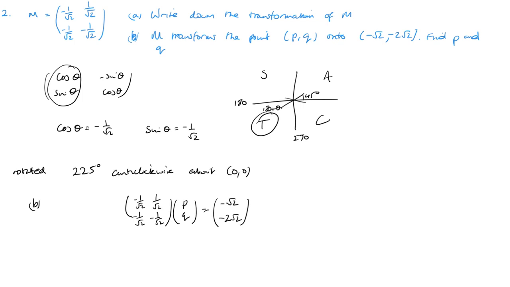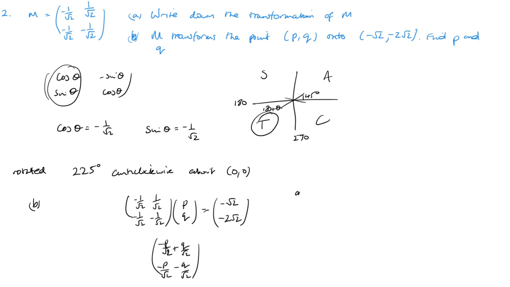So working out the left side, we've got minus P over root 2 plus Q over root 2, minus P over root 2 minus Q over root 2.